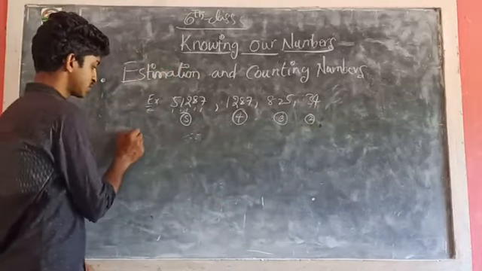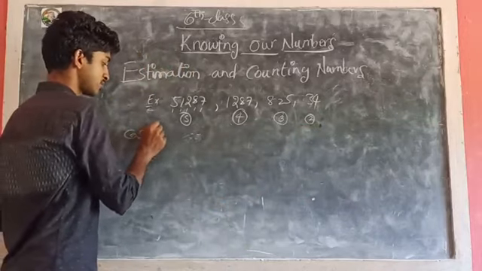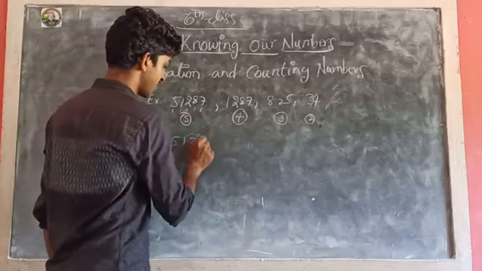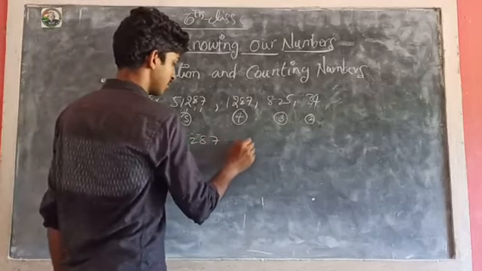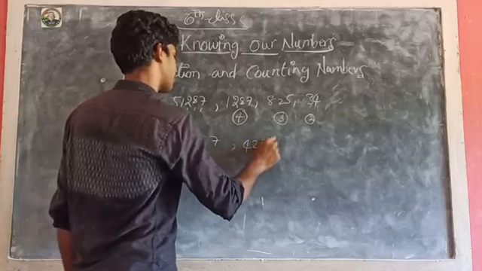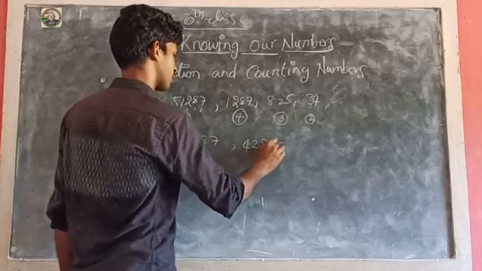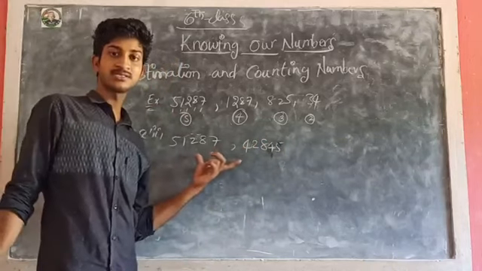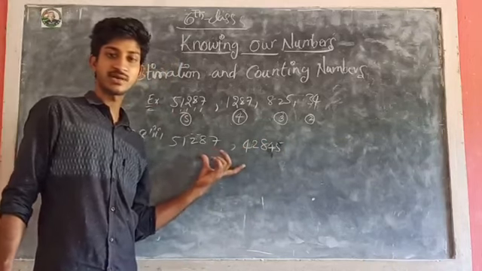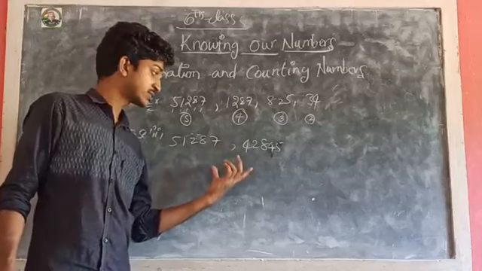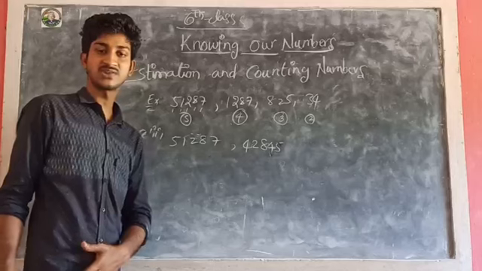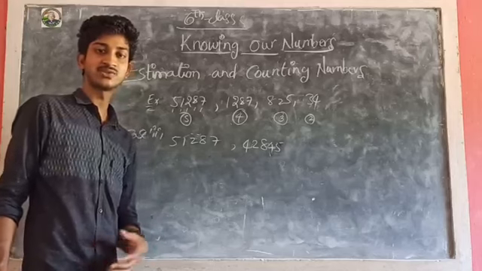And in case 2, the same number of digits: 51287 and 42845. In these two numbers, the digits are the same. In this case, we have to take the place values.